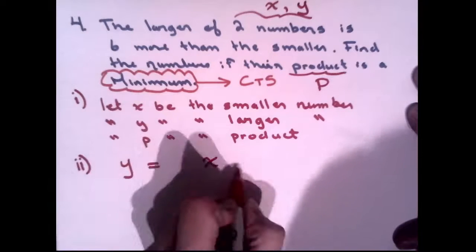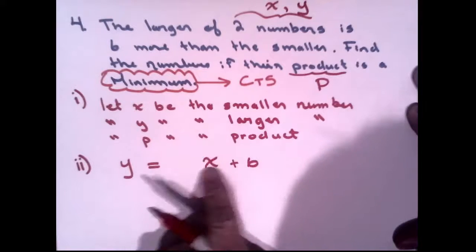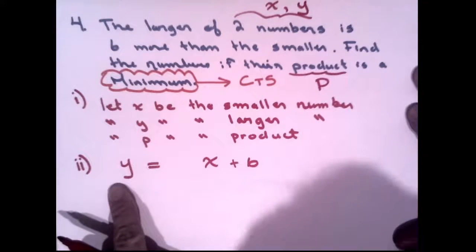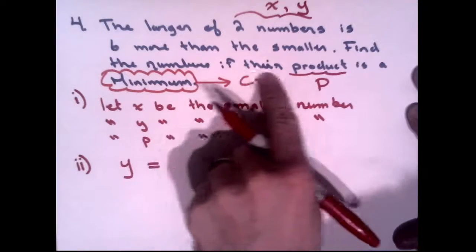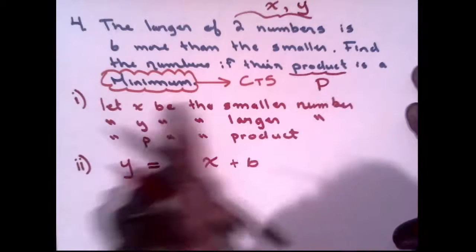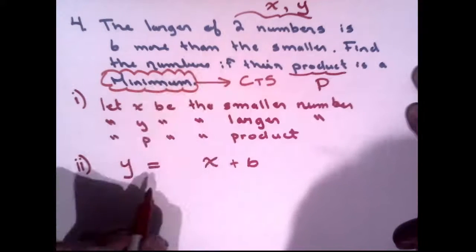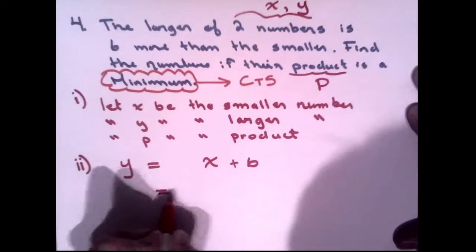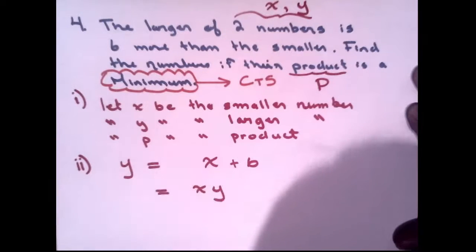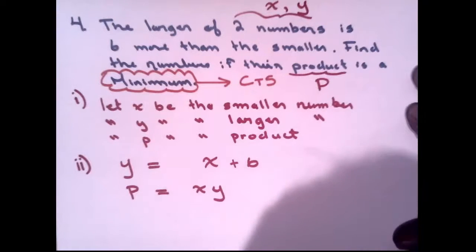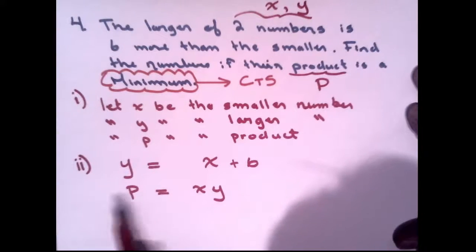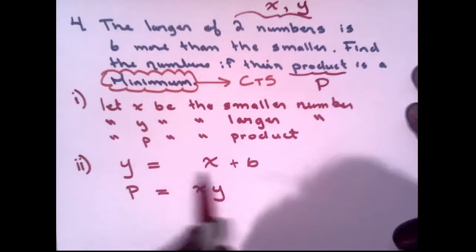So if I add 6 to my smaller number, he now equals the same size as my larger number. So there's your first equation, okay? The second equation is find the numbers if their product is a minimum. Their product, so the product of my two numbers would be x, y, and the product we used was p, okay? So, and we want to make their product a minimum, so we're going to be minimizing with this equation.